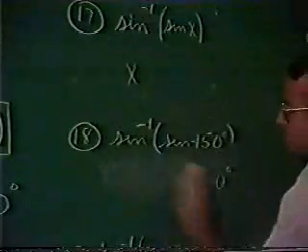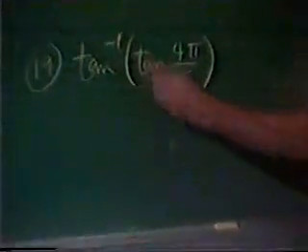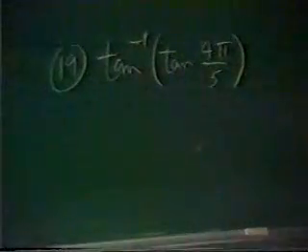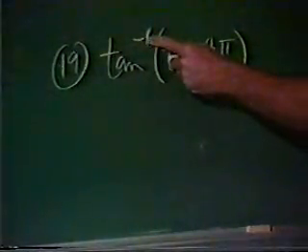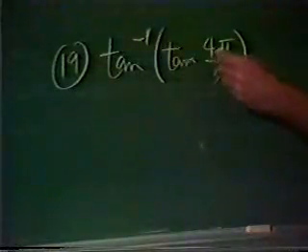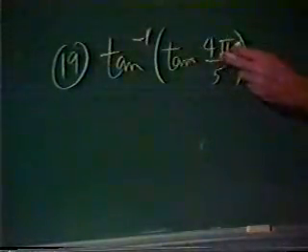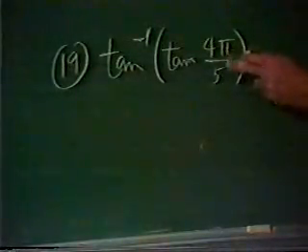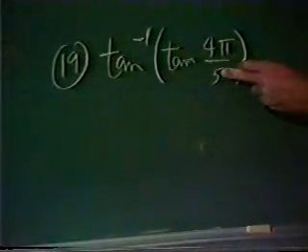All right. Let's continue then and go to 19. 19 says the inverse tangent of the tangent. Okay, now we need a what? A number for an answer. Now the tangent of 4 pi over 5, that is the same thing as 4 times 180 divided by 5.